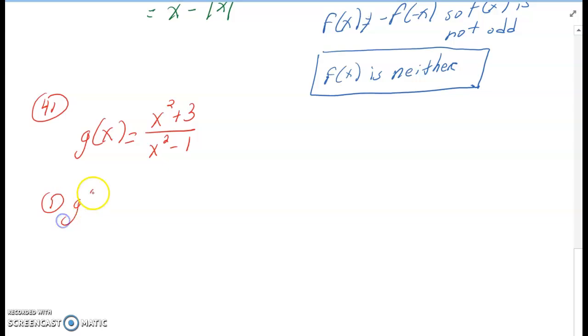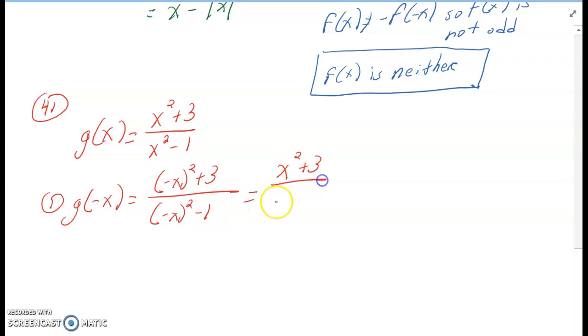So the first step, I need to calculate g of negative x. So that's negative x squared plus 3 divided by negative x squared minus 1. So that's x squared plus 3 over x squared minus 1. If we compare these two, we can see that g of x is equal to g of negative x. So g is even.